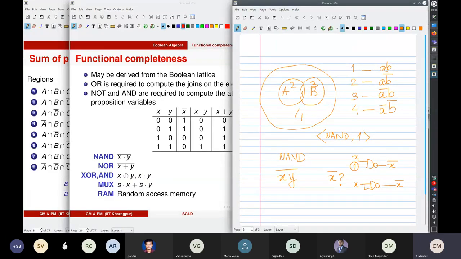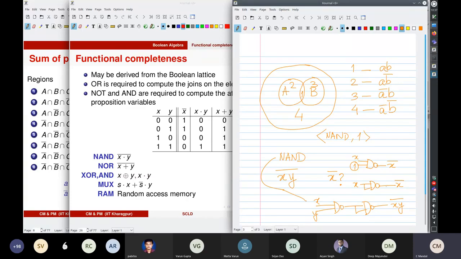As you can see, using NAND you can compute AND. If you want to compute X and Y, one way of doing it is you use a NAND gate, you compute NAND and then you do this, and this will give you XY.